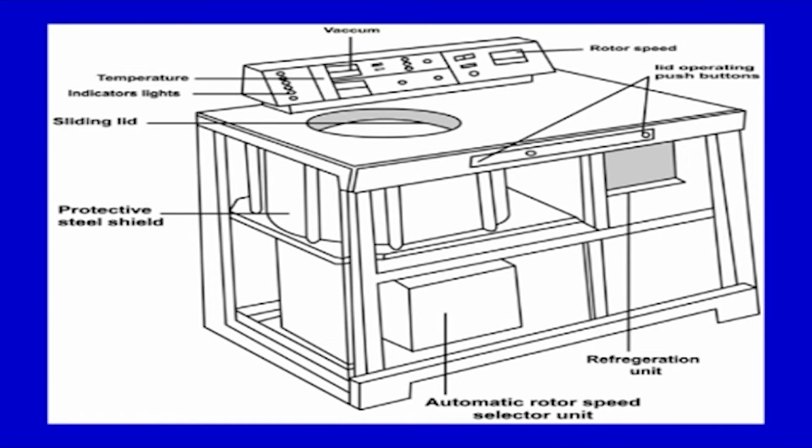It has protective steel shielding, a good refrigeration system, high vacuum conditions, an automatic rotor speed selector unit, and imbalance recognition. All these things are available here. This is one typical ultracentrifuge with all these controls.